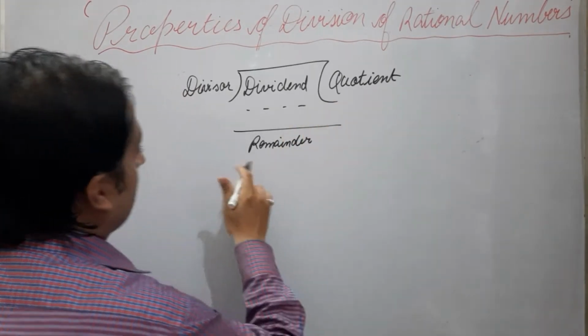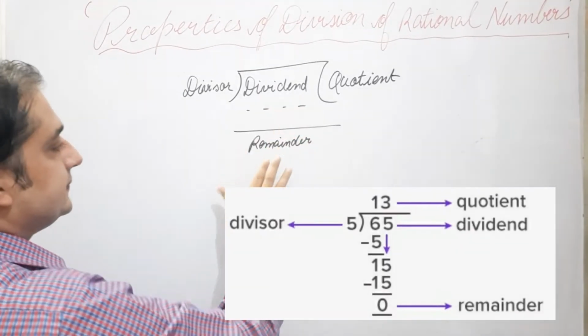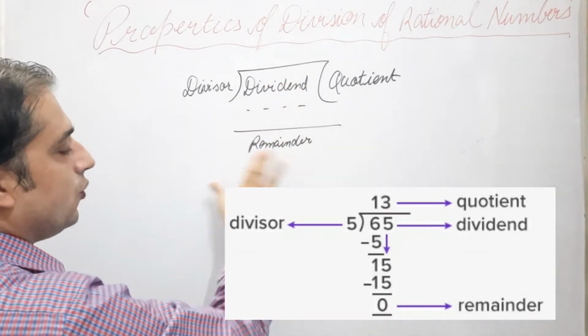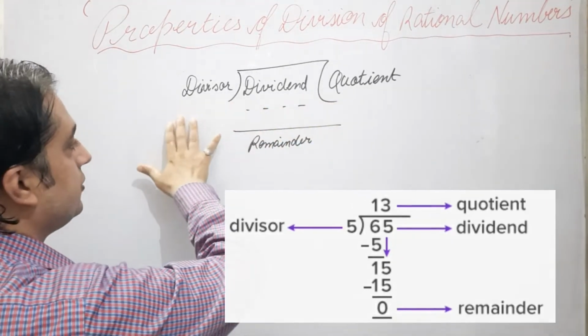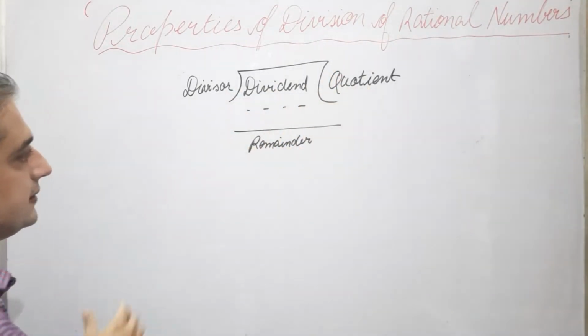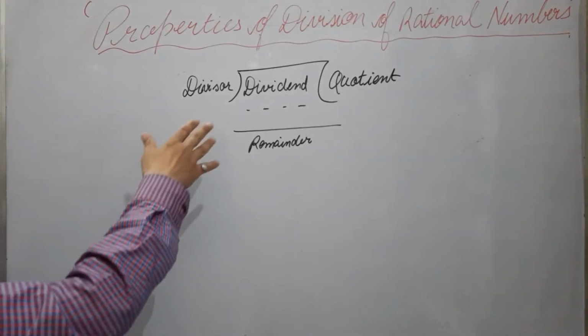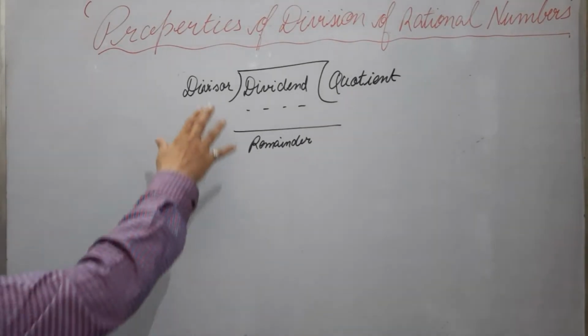If the division terminates, then no remainder is left. Otherwise, you will obtain a quotient as well as a remainder. So you generally divide two numbers like this.